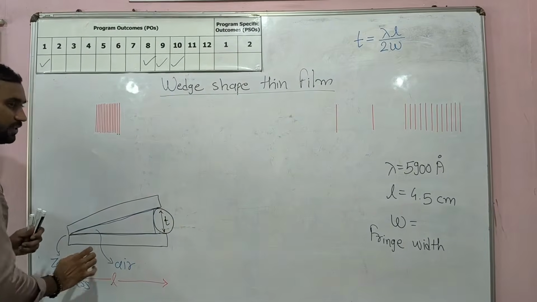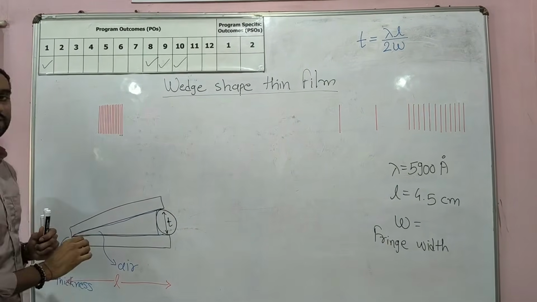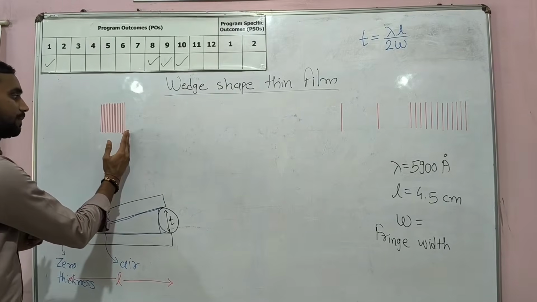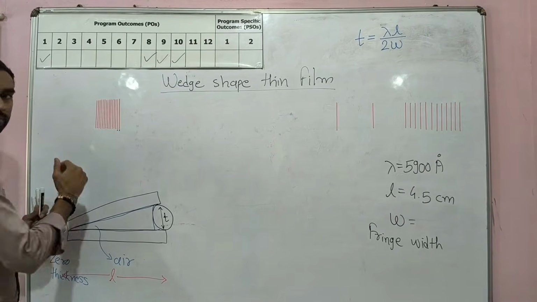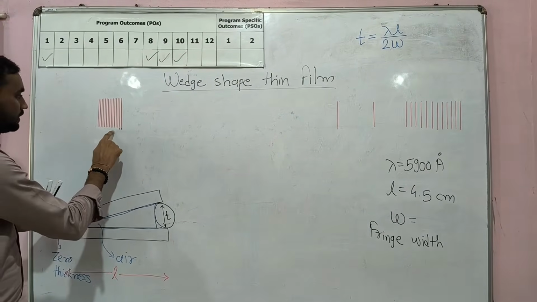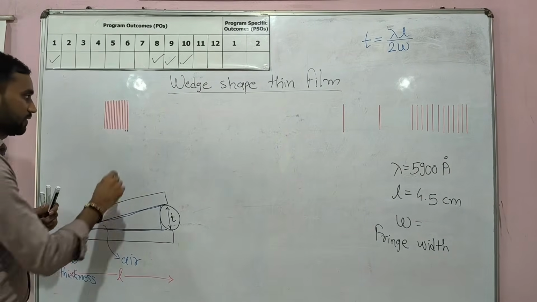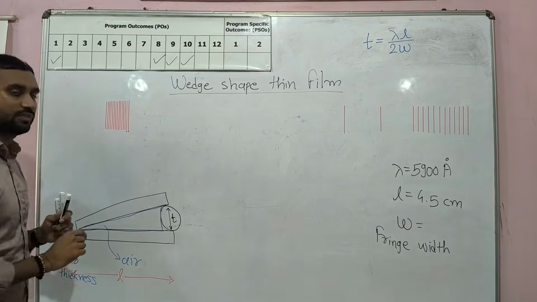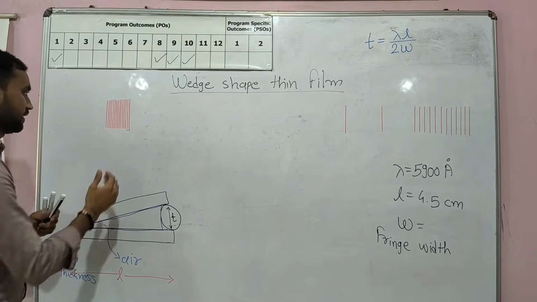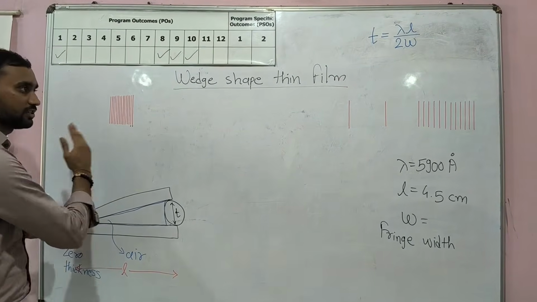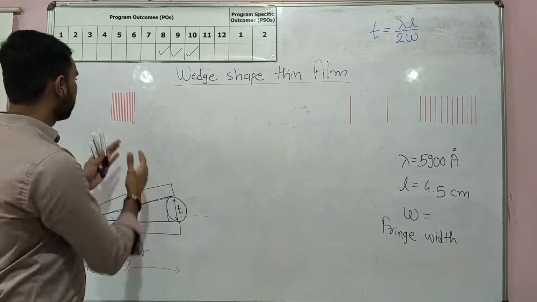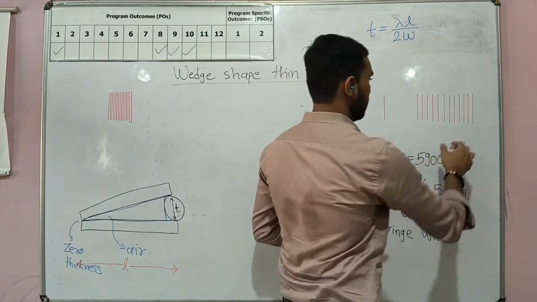With the red pen, you are getting this kind of consecutive bright, dark, bright, dark. Here, all these red lines represent bright fringes. Then the spacing between them represents dark fringes. We are getting parallel lines, consecutively and equally spaced. Look at this enlargement.